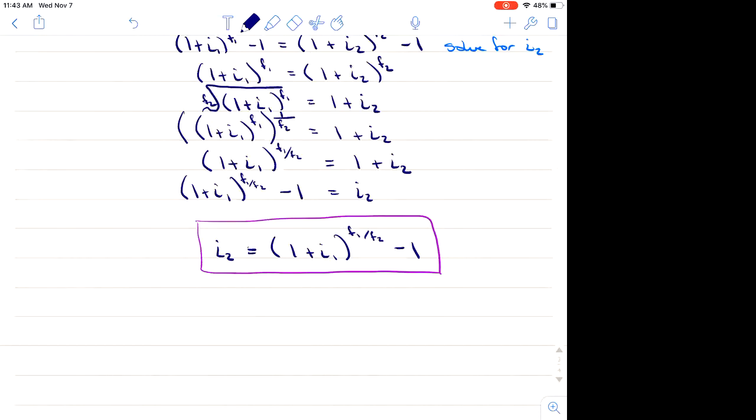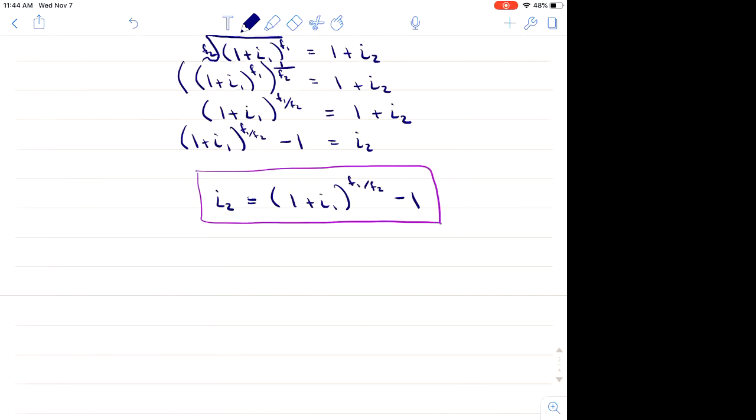So that means instead of compounding quarterly, where F1 would be 4, we want to move towards compounding monthly to match our payments, so our F2 would be 12. And so this formula gives us the new periodic interest rate for compounding monthly in that example. Okay.